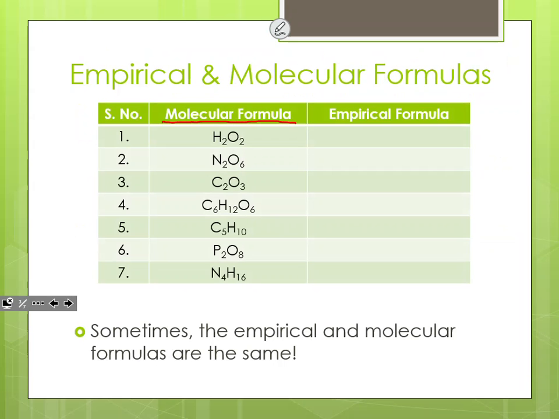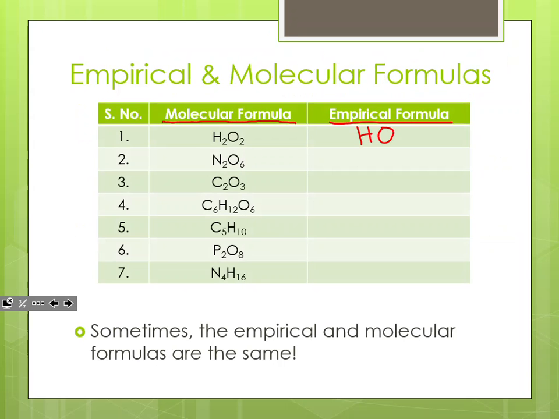If we wanted to find its empirical formula, we would use its common factor and divide the subscripts by that common factor. So the empirical formula for hydrogen peroxide ends up being HO, 1 to 1. You would divide it by the 2 in order to get that.